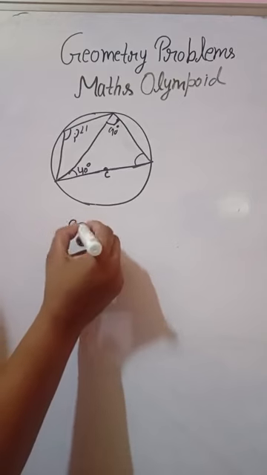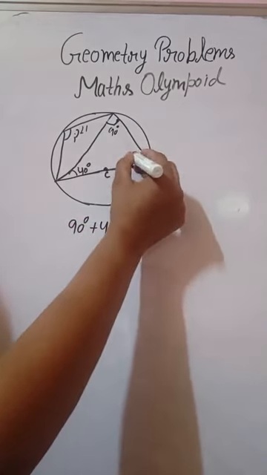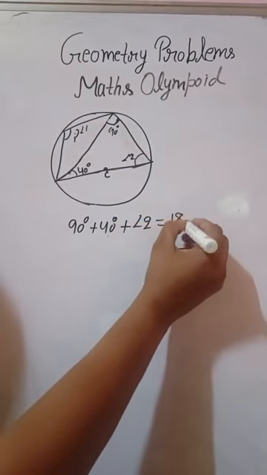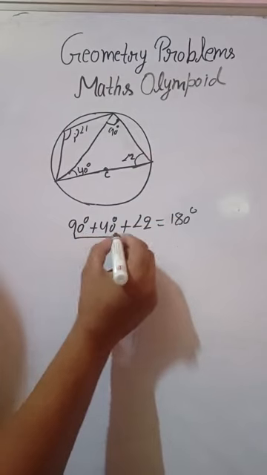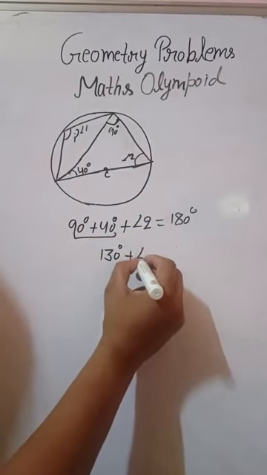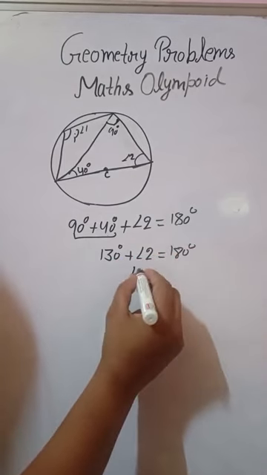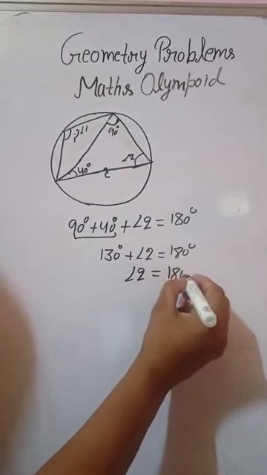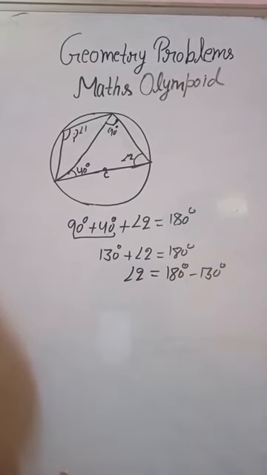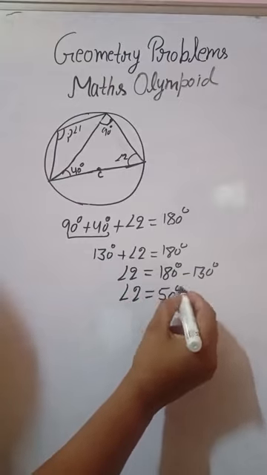So 90 degrees plus 40 degrees plus, suppose this is angle 2, plus angle 2 is equal to 180 degrees. 90 plus 40 will be 130 degrees, plus angle 2 is equal to 180 degrees, and angle 2 is equal to 180 degrees minus 130 degrees. So we are left with angle 2 is equal to 50 degrees.